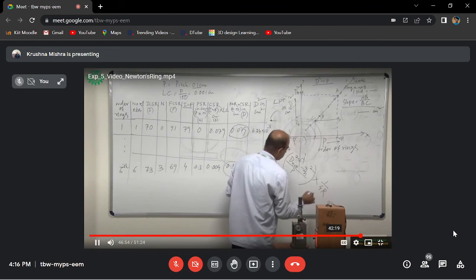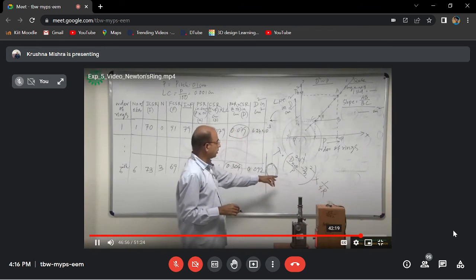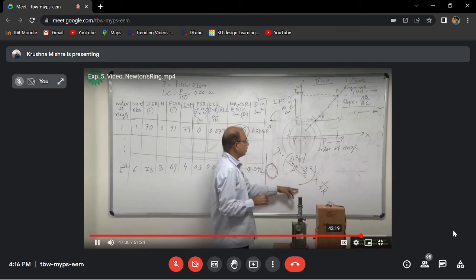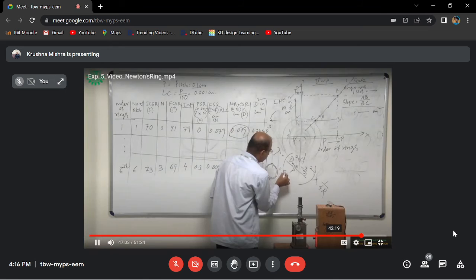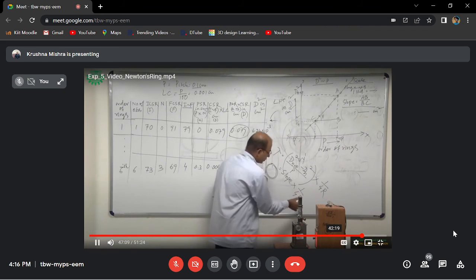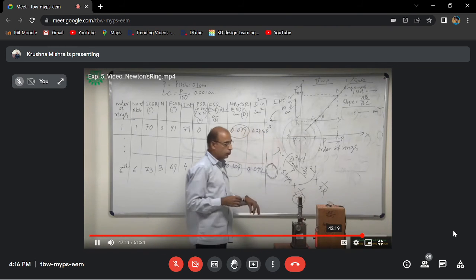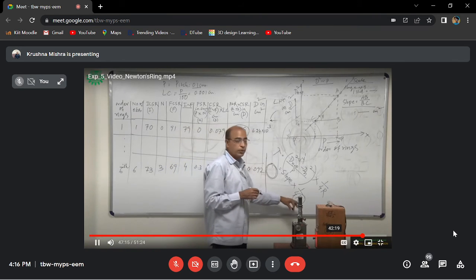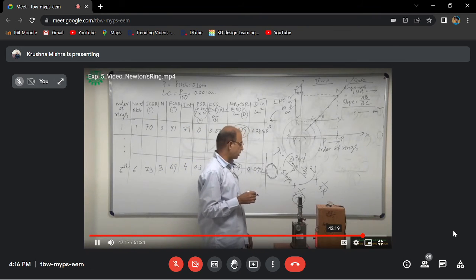This is the working formula that we have seen already, and this value is the slope into 1 by 4R. This R is the radius of curvature of this plano-convex lens that will be given to us, that is the given data.